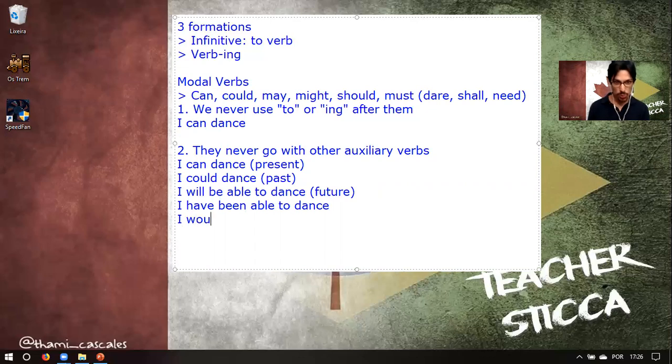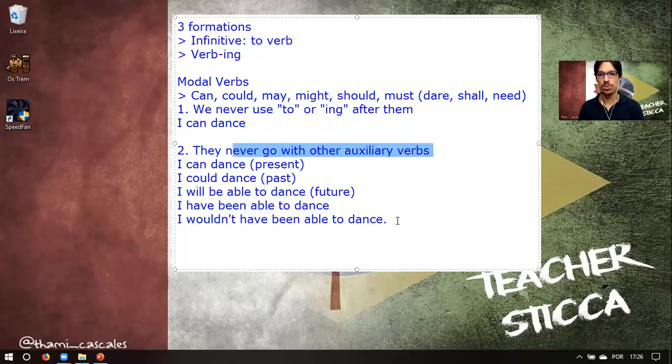I wouldn't have been able to dance. That is a very complex structure in English. So you see that we have an auxiliary verb in both situations, and we use be able to. We adapt it to other verb tenses because we never use auxiliary verbs with modal verbs.